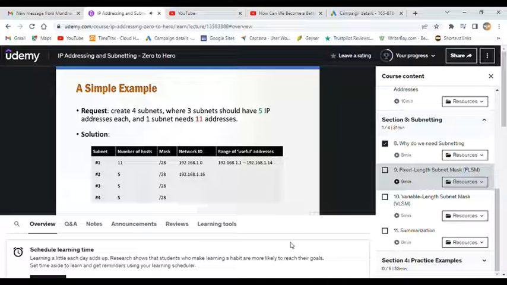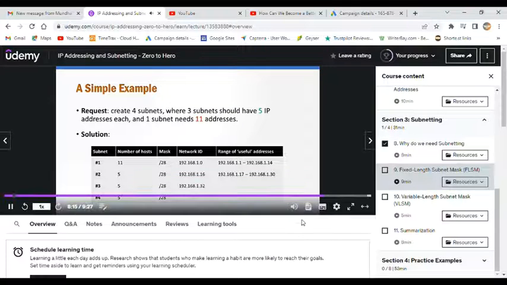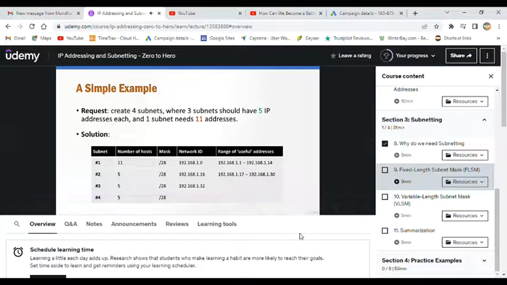The range of useful IP addresses in the second subnet is going to be the next 16 IP addresses as in the previous example, from 192.168.1.17 to .30. And then .31 will be the broadcast IP address for the second subnet. And then the network ID for the third subnet is going to be 192.168.1.32.